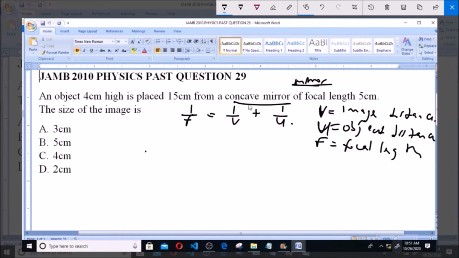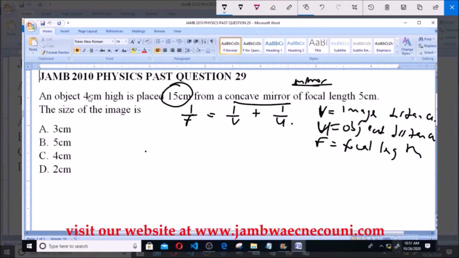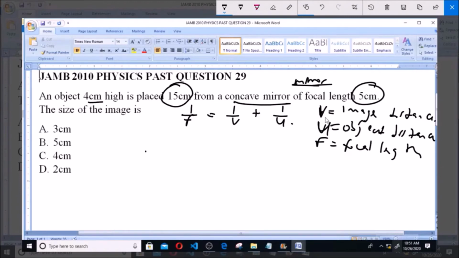From this you see that we are given the object distance, which is 15 centimeters, and the object height, which we would make use of later, and then we are given the focal length. So we have u and f, but we do not have v. So the first thing to do will be to search for v.